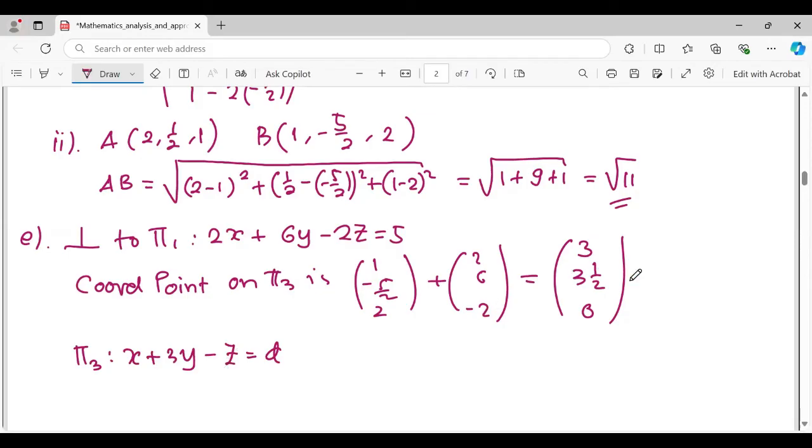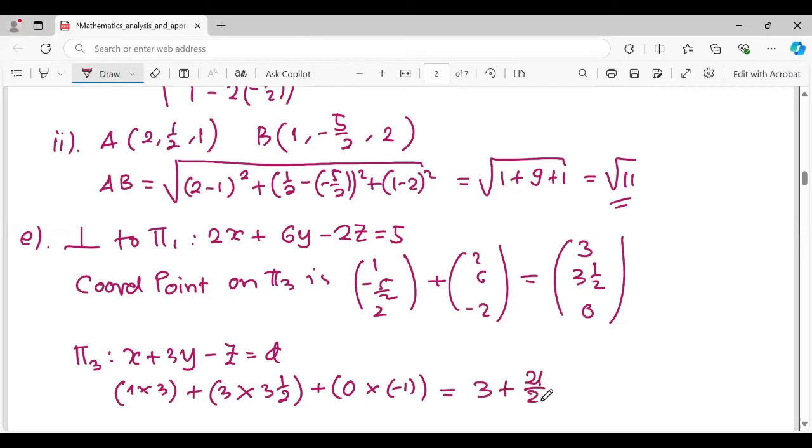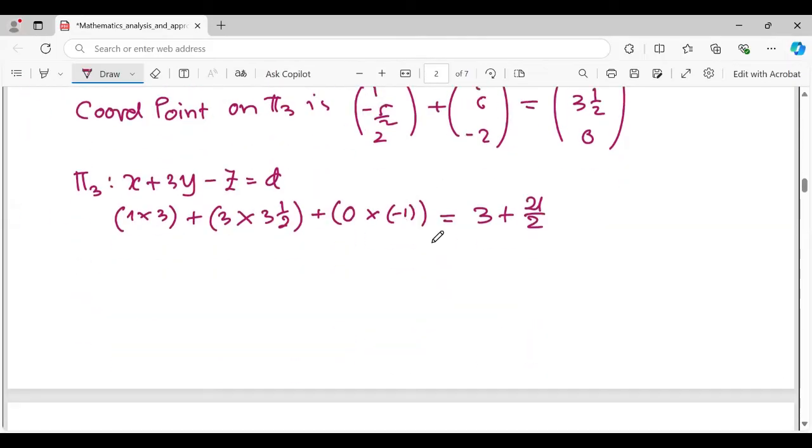So if we substitute this coordinate point, it's going to be 1 times 3 plus 3 times 3 half, 0 times minus 1, becomes 3 plus 21 half, and it is 27 over 2.